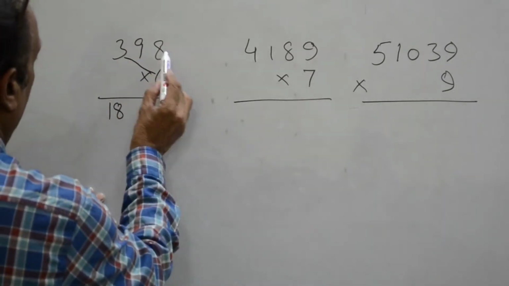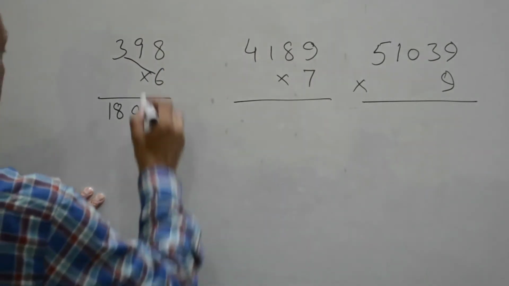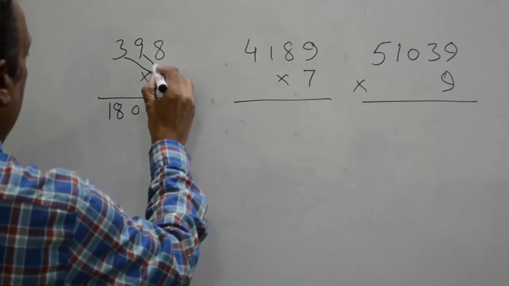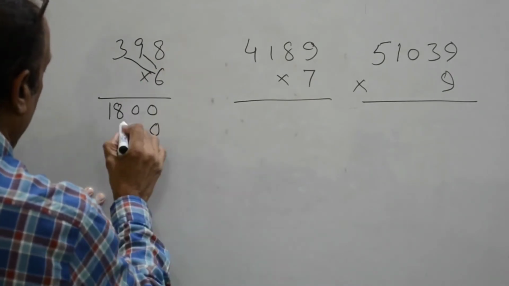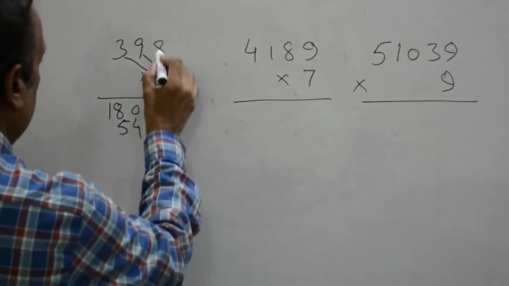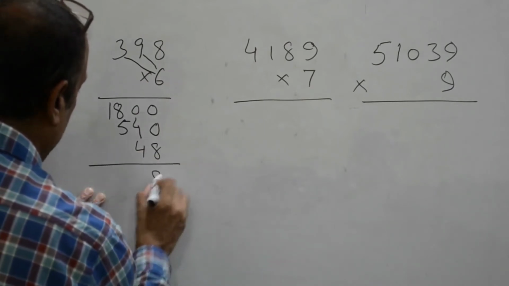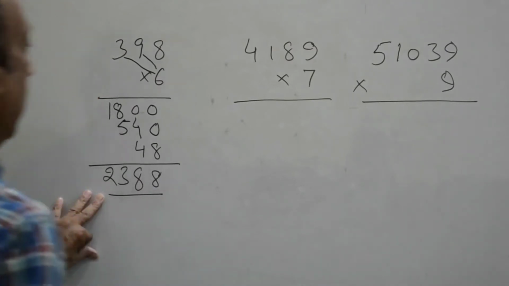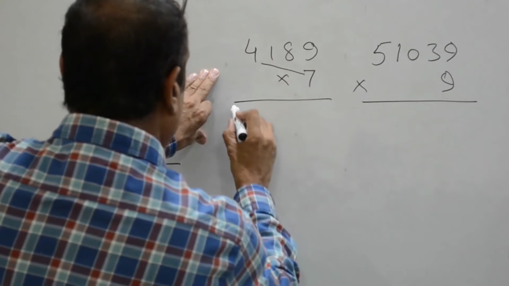Now we are left with 2 digits, so put 2 zeros over here. Multiply 9 by 6, it is 54, and we are left with 1 digit, so 1 zero and 54. Multiply 8 by 6, it is 48. Now it is very easy to make the additions. 2388 is the answer.